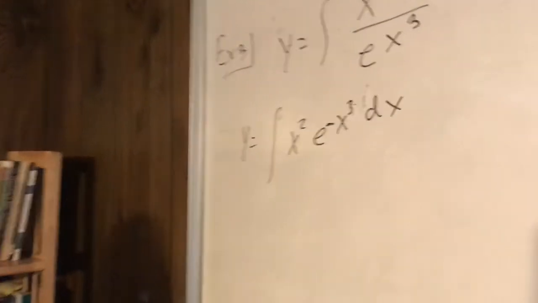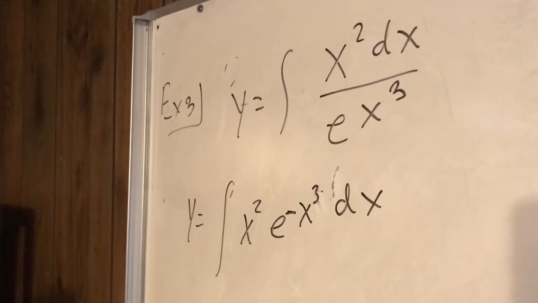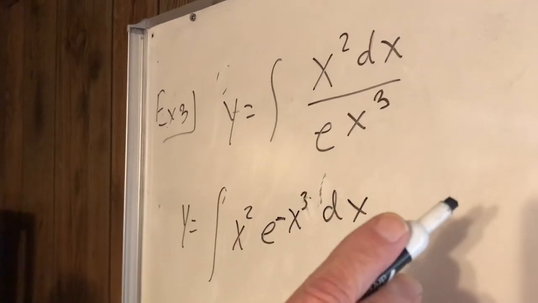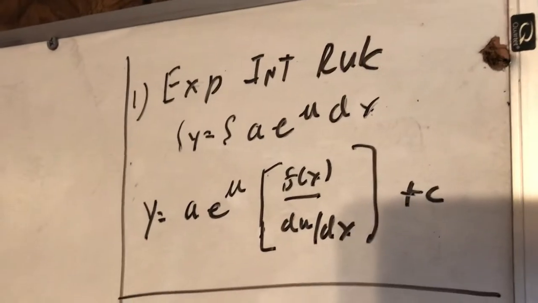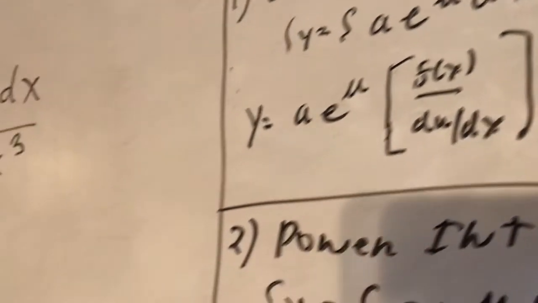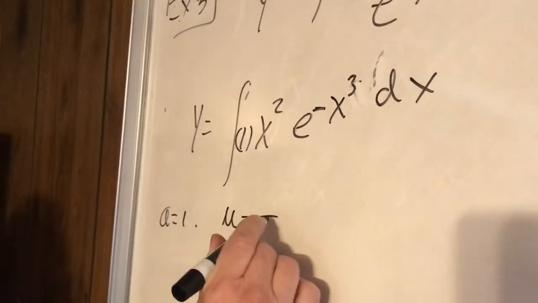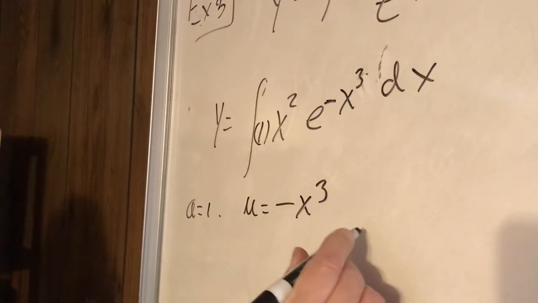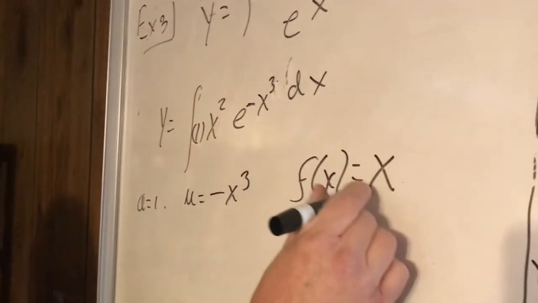Anyway, so what do we do here? We're going to use our exponential rule, which means we have to start defining, it's right up there, a e to the u dx, which I have. So a is going to be 1 because there's a 1 outside here. We're going to make u equal, this time, minus x to the third. F of x is what's attached there.